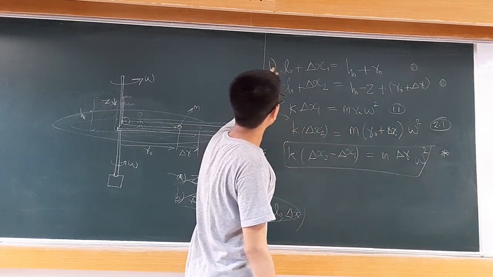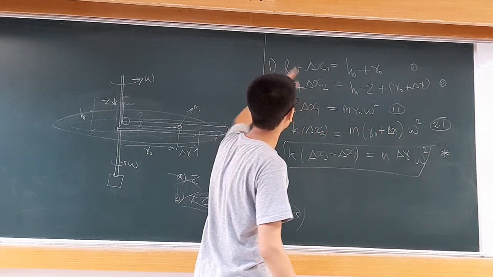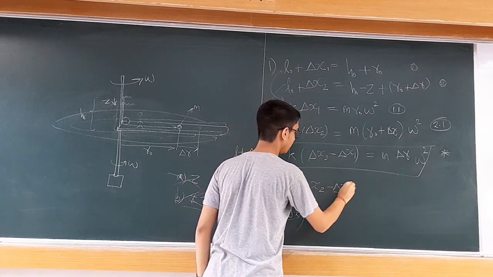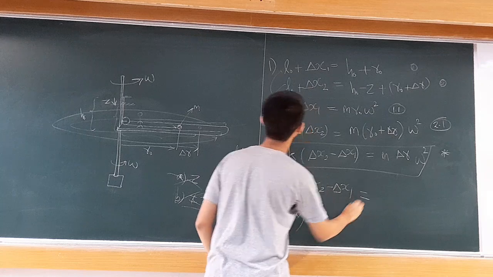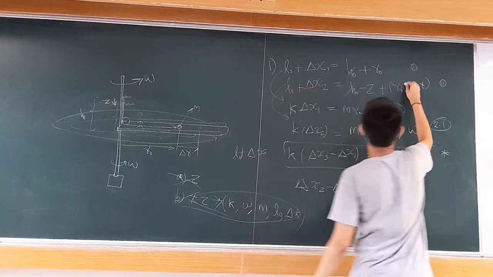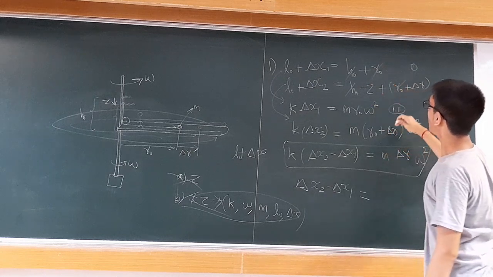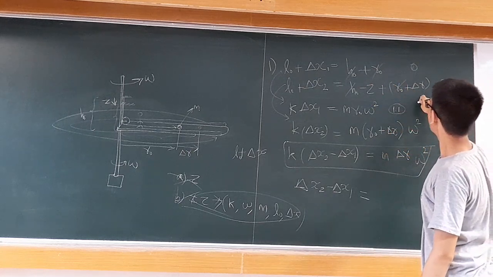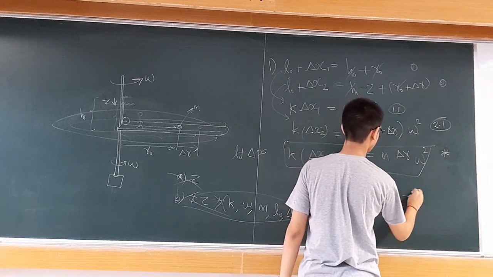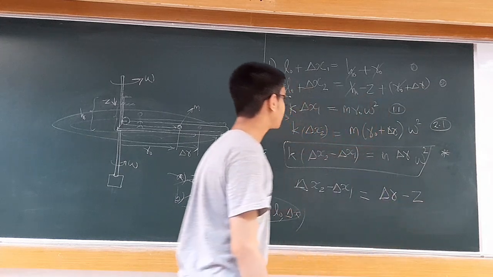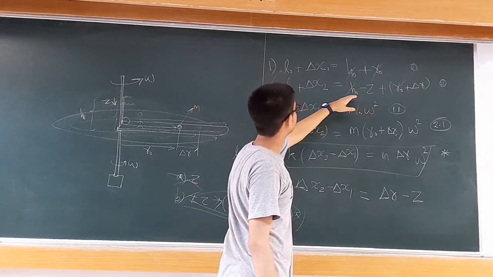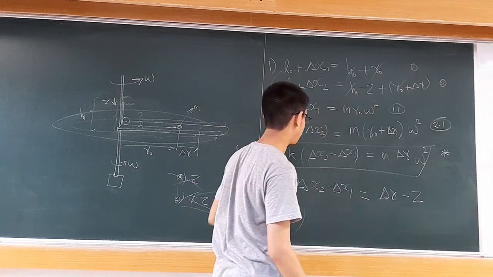From these two, if I subtract them both, I get delta x2 minus delta x1 is equal to, here h0 will get cut, r0 will get cut, I can get delta r minus z. I hope so. That's the equation which gets established. Delta r minus z is the value of delta x2 minus delta x1.